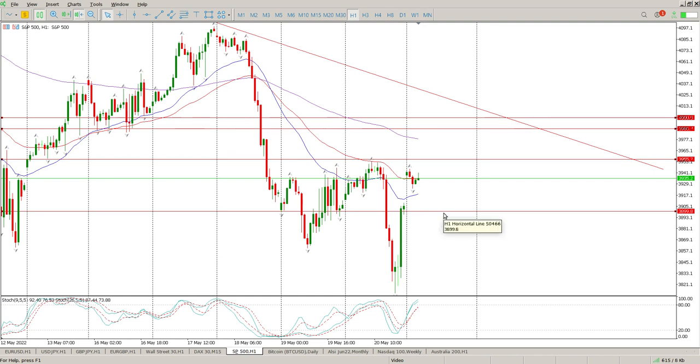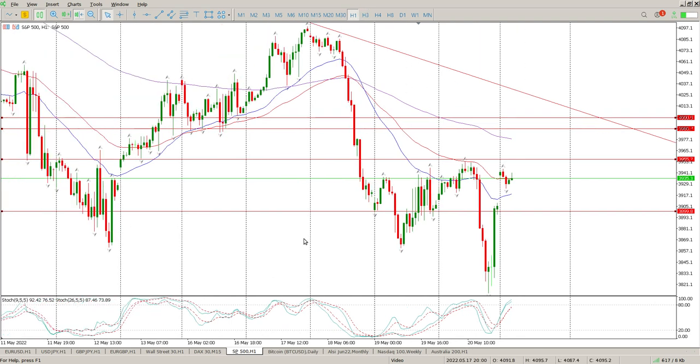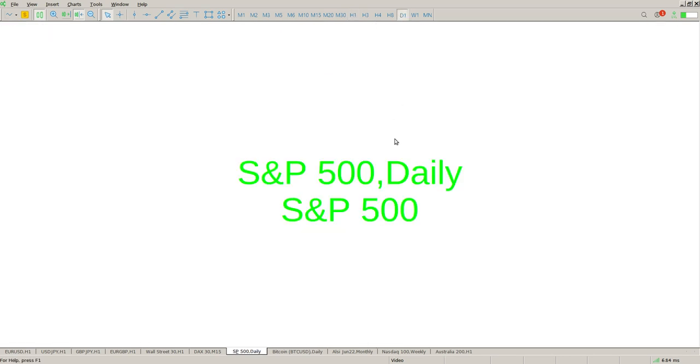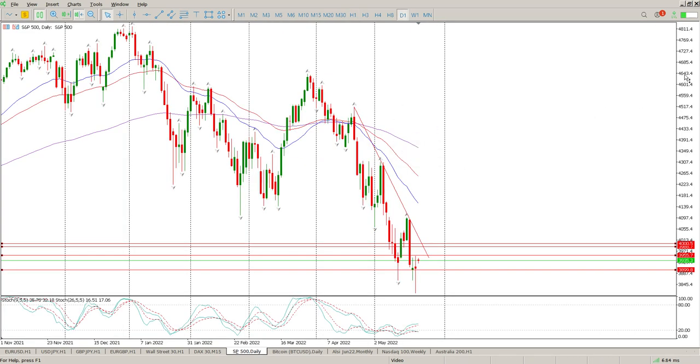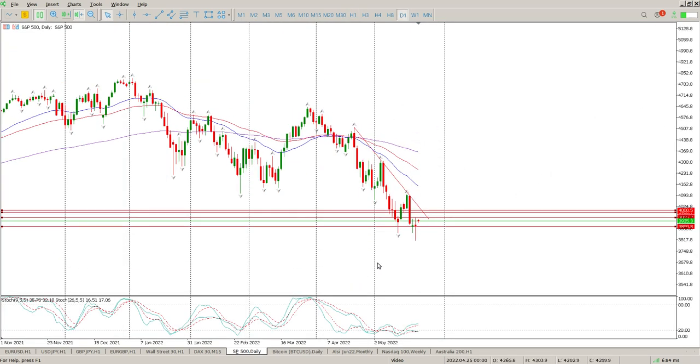I'm not sure I want to be chasing longs at the moment, but there is a lot going on indicating that we are heading towards a potential bottom, and the daily is a big indicator of that. We've got daily divergences here, and we've got a pin bar. Not a very healthy pin bar, because it has a bit of a tail to the upside, so it's almost like a pin range bar.